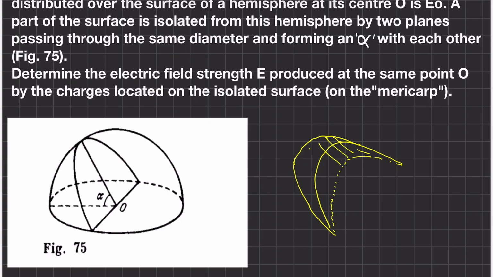This is the Merry-Karp. This is your convex portion, and this is the concave portion. Something like this would be known as a Merry-Karp.